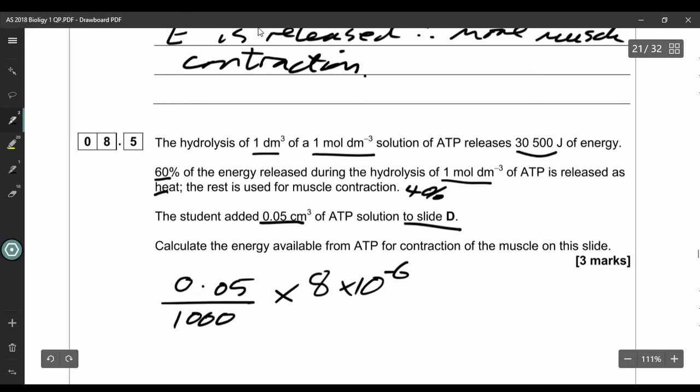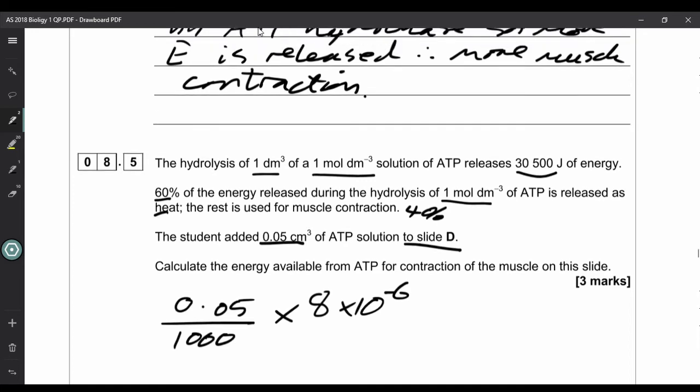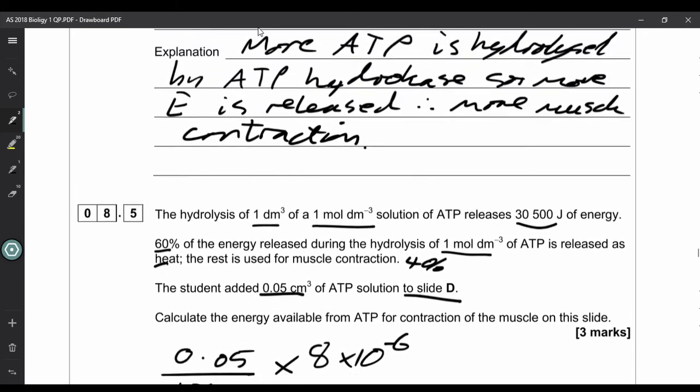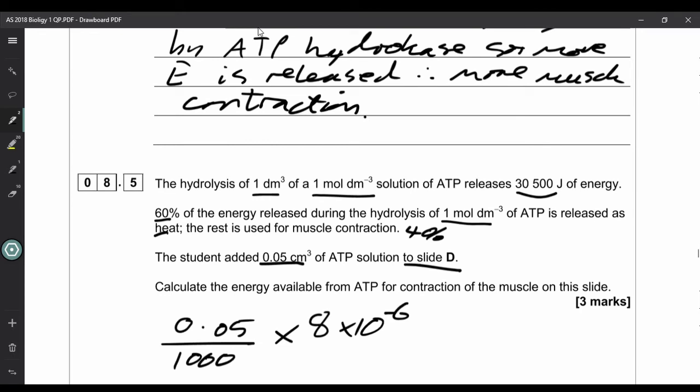So by having the volume that we're adding and the concentration, what this calculation would tell us would be the amount of ATP in moles that we're adding, okay, which is obviously a fraction of what this is.